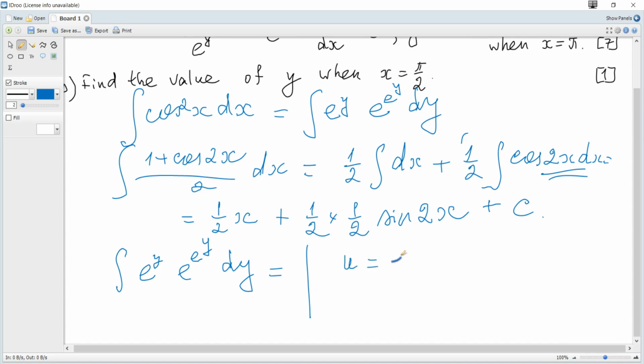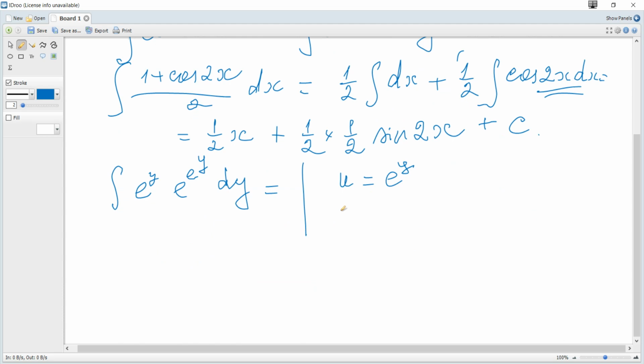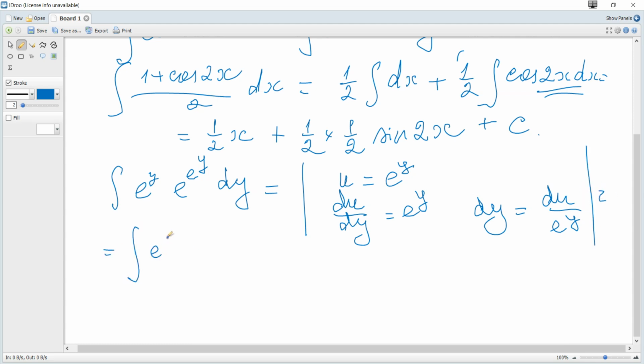So u is e to the power of y, then as usual we consider the derivative du over dy, and it's just e to the power of y, hence dy is du over e to the power of y, hence our integral becomes e to the power of y. You may substitute by u, but it will cancel, so it doesn't matter.